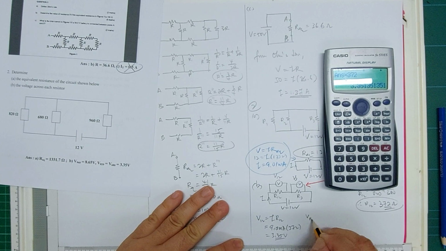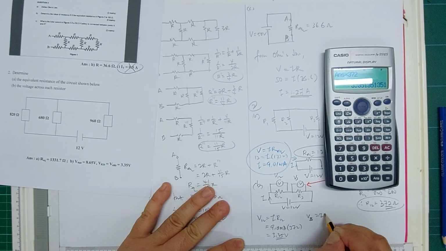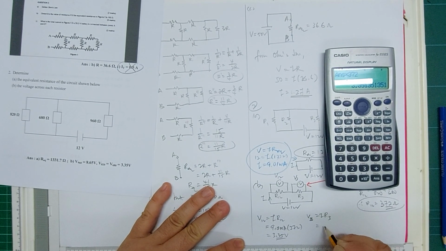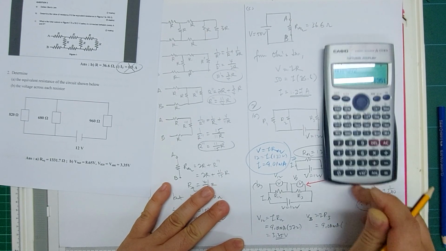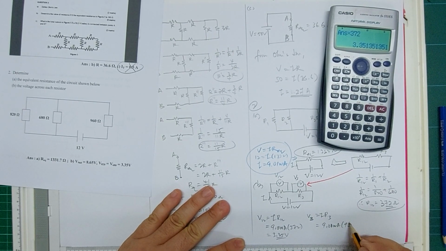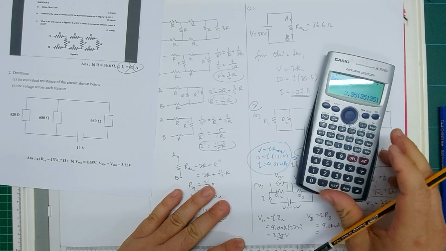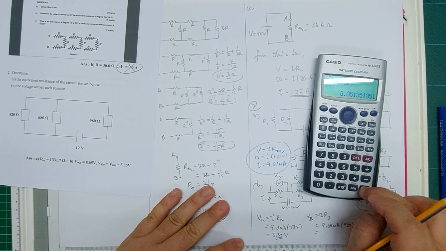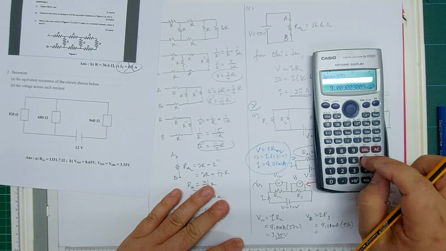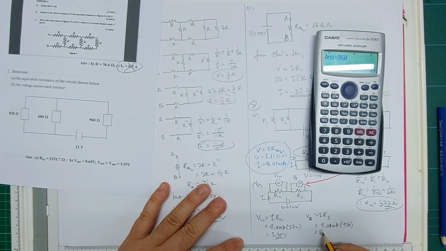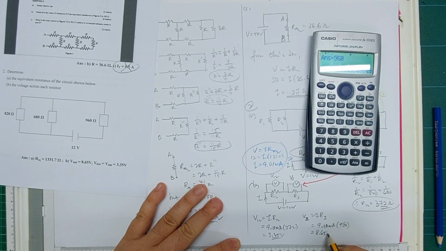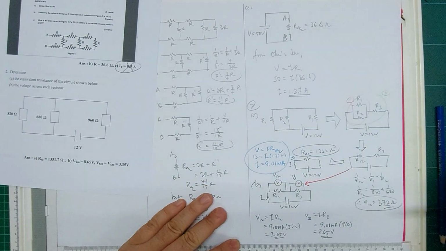And then V3 is equal to I R3. So we get 9.01 milliampere multiplied by 960. We got 8.65 volt.